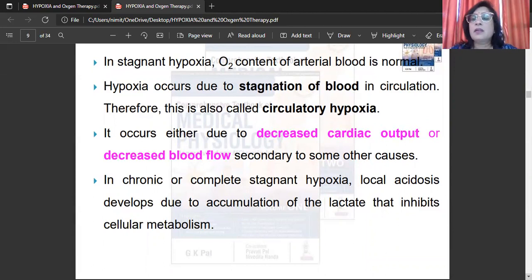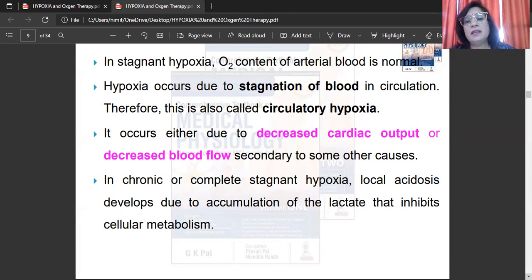So, to summarize: in stagnant hypoxia, the oxygen content of the arterial blood is normal, but stagnation of the blood occurs in the circulation, and therefore it is also known as circulatory hypoxia.